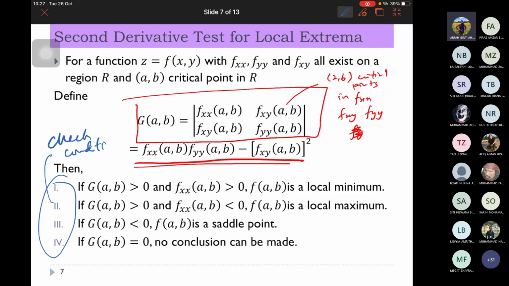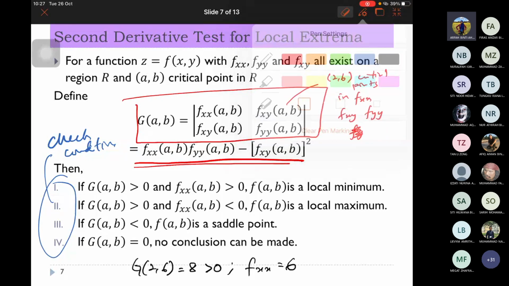Okay. GAB kita tadi kita kira dapat G26 sama dengan 8. Okay. Lebih besar daripada kosong. Dan fxx tadi kita dah kira dapat dia sama dengan 6 as well. So G26 8 that is greater than 0. So ada dua condition.